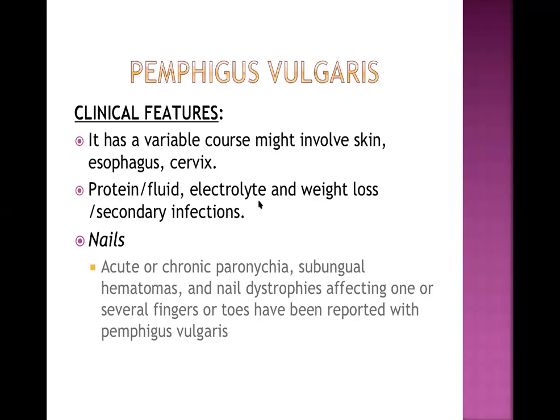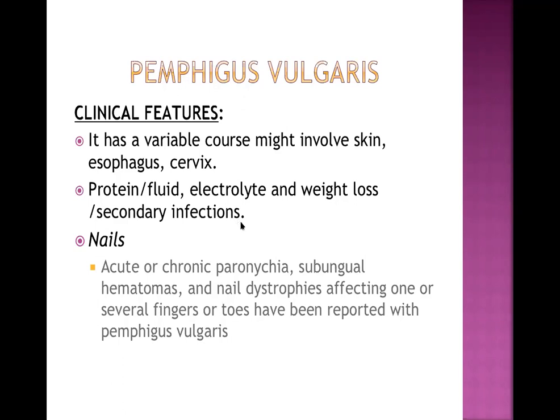This is an important complication. Secondary infections and weight loss can also occur, because this is a chronic type of inflammatory disease, so weight loss can be there. This is again a result of different cytokine in the body, and secondary infections are quite common because the superficial layer of the skin is lost.